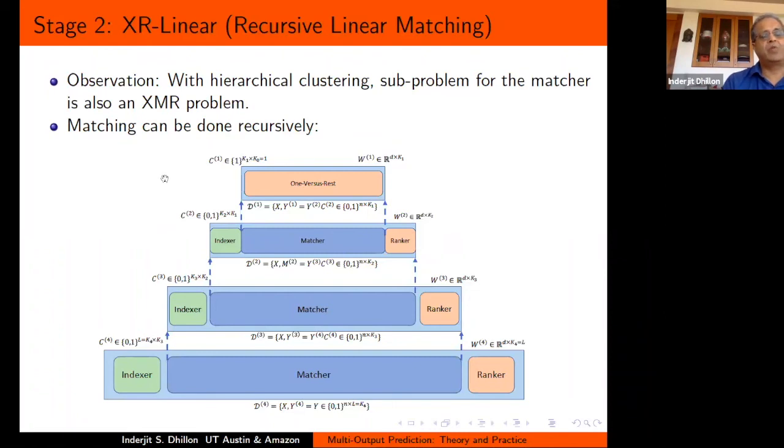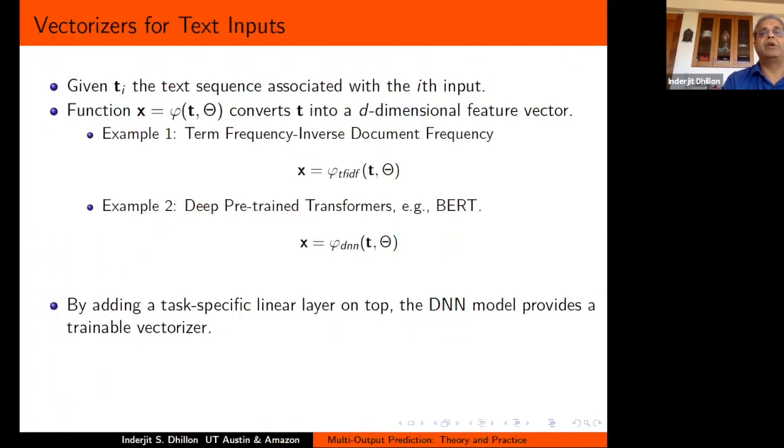Now, in the case of Wikipedia, which I gave you as an example, the input is in the form of text. So you can apply deep learning methods. You can try different vectorizers, something like TF-IDF, like I talked about before, or you can try using deep pre-trained transformers, for example, BERT.